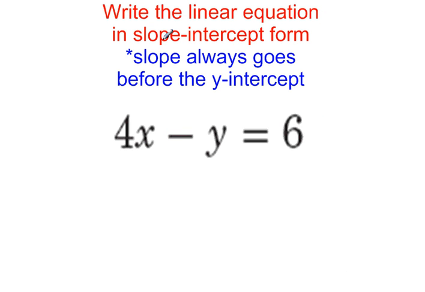It says write the linear equation in slope-intercept form. Slope always goes before the y-intercept. In previous videos, I showed you how to solve for y. So that's basically all we're going to do here: solve for y and then make sure our slope term goes first before our y-intercept. We start off by adding negative y.